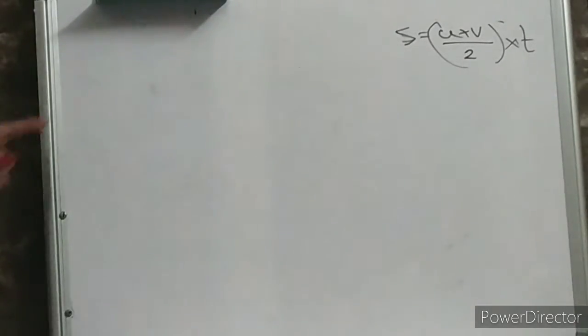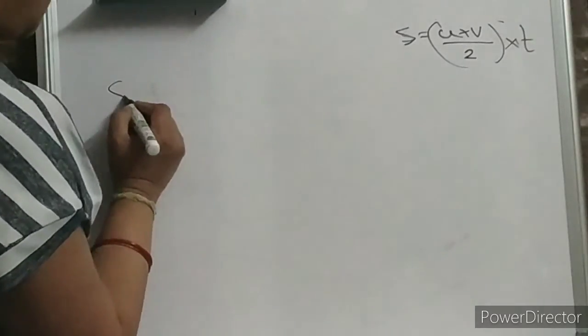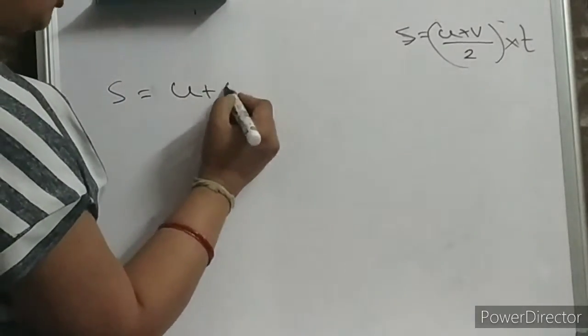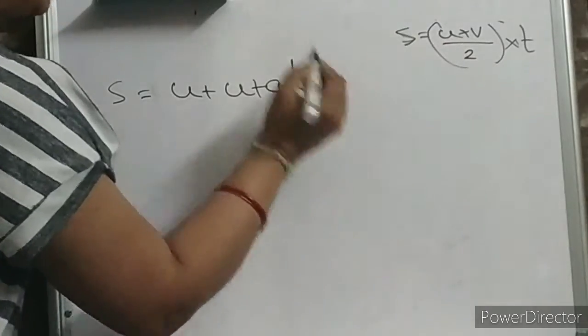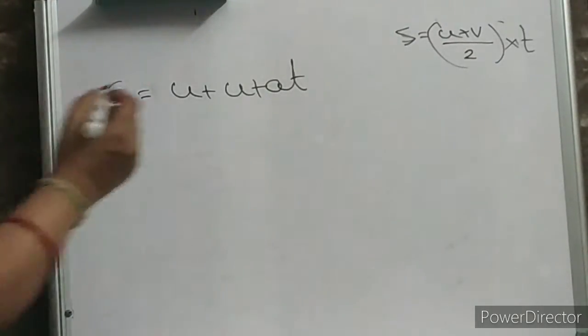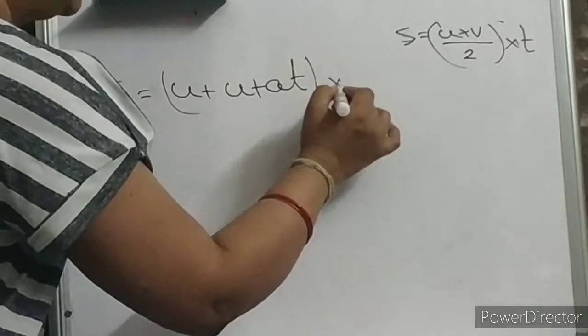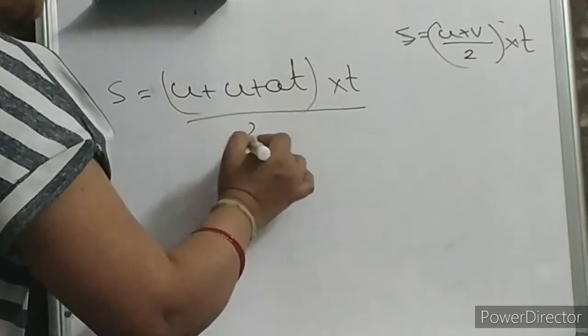From here I will move further with the equation. Now what is v? You know v = u + at, which we just got from the first equation. So s = (u + at + u) × t/2. Can I write like this?